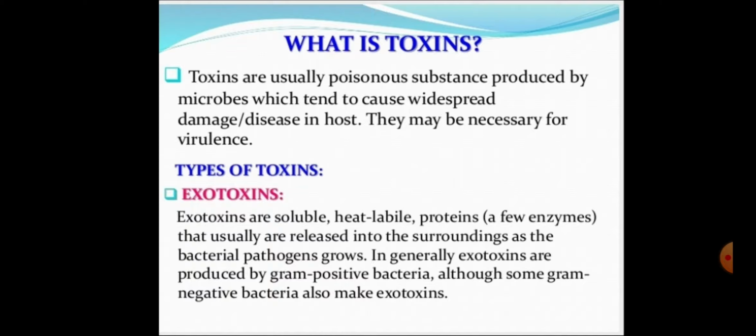These are soluble heat-labile proteins, few enzymes, that usually are released into the surroundings as the bacterial pathogen grows. Generally, exotoxins are produced by gram-positive bacteria, although some gram-negative bacteria also make exotoxins.